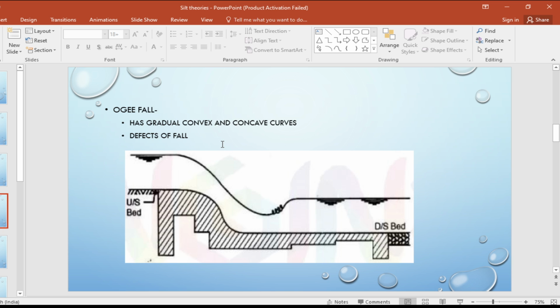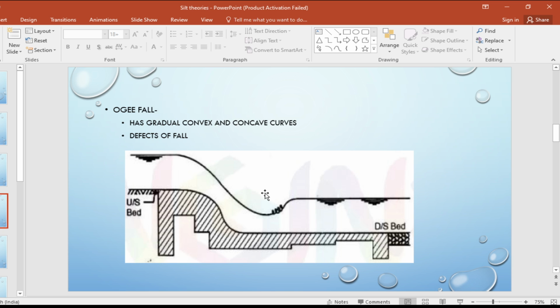The ogee fall was first constructed on the Ganga Canal. This type of fall we can see here in this diagram. This type of fall has gradual convex and concave curves with an aim to provide a smooth transition and to reduce disturbance and impact.